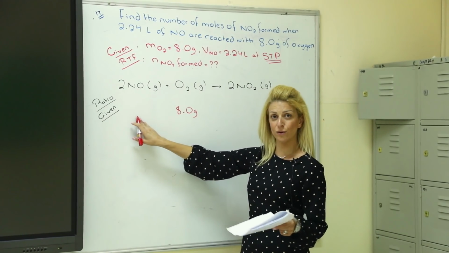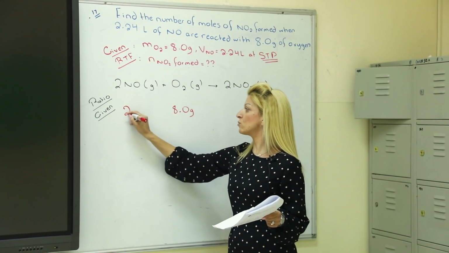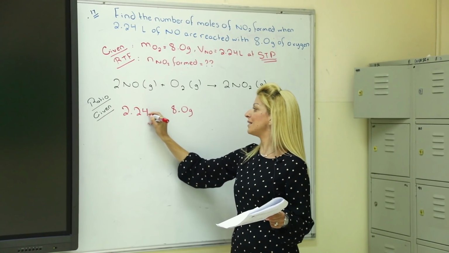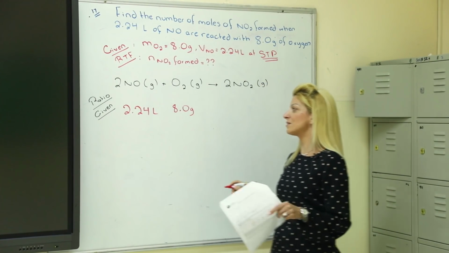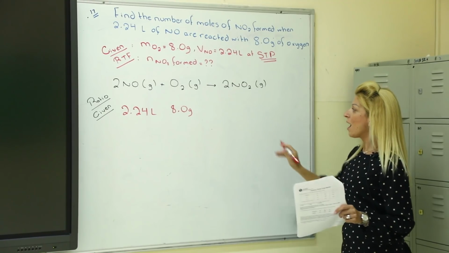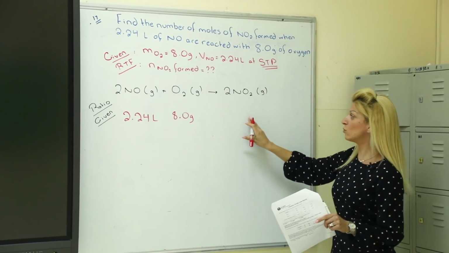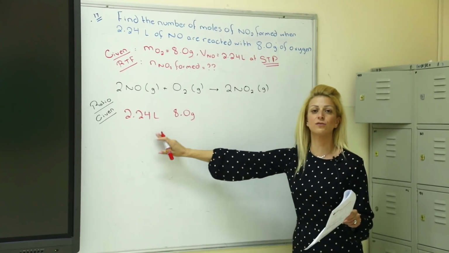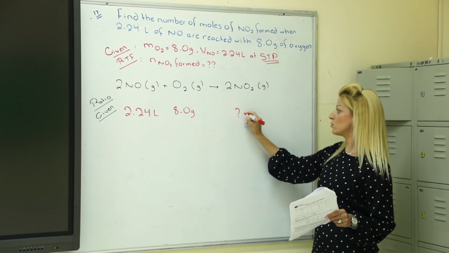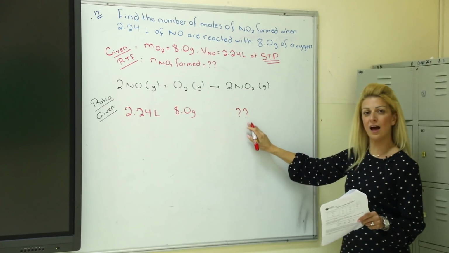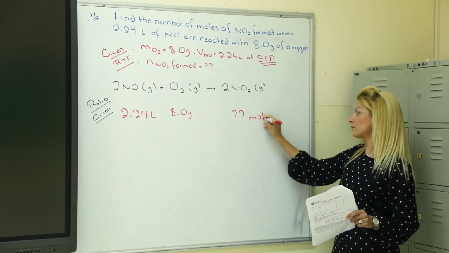So under NO, in the given row, we write 2.24 liters, which is the same as decimeter cubed. And we are required to find how many moles of NO2 will form from this reaction. So under NO2, we'll put question mark as in how many moles.